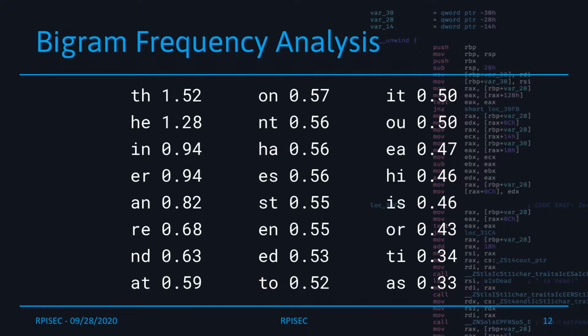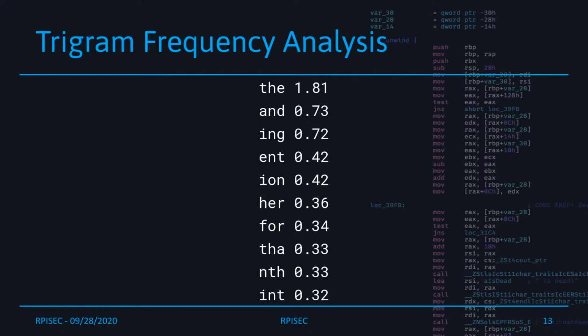Here we have the 24 most common two-letter combinations in the English language. There are 320 total possible combinations of two letters, but this can help you if you need a little bit more information out of the ciphertext. You can also do trigram frequency analysis, where you look at combinations of three letters, but this is less useful because it requires an even longer ciphertext than normal to correctly calculate useful frequency analysis.